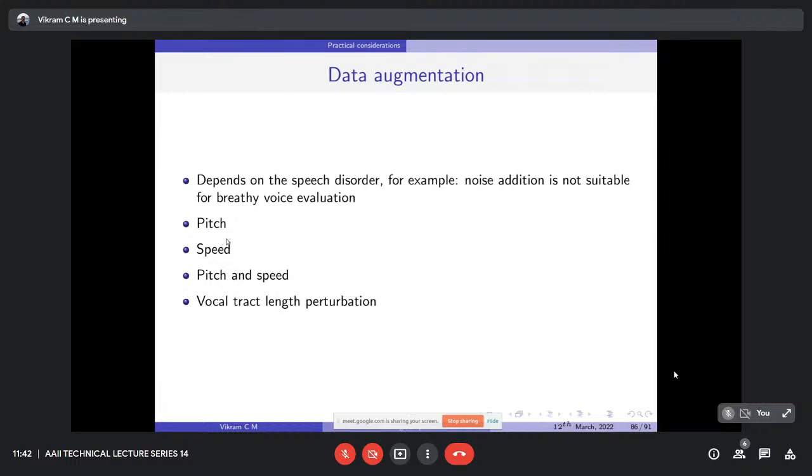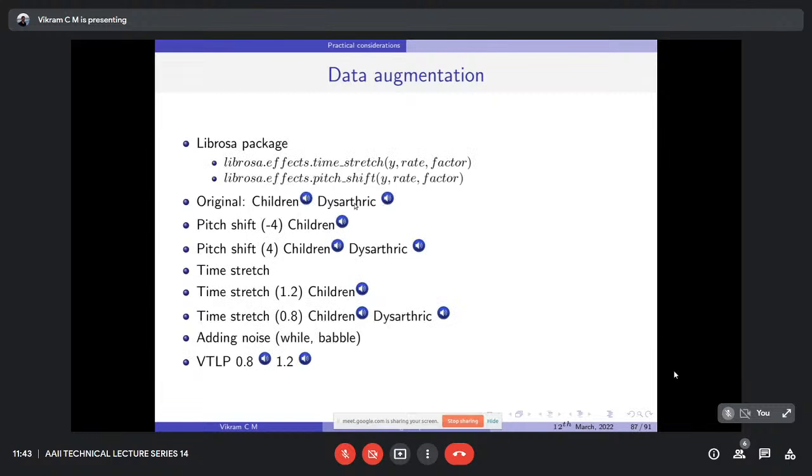Different techniques like pitch perturbation, speed perturbation, and vocal tract length perturbation can be used, but we need to check that the augmentation technique does not affect the acoustic cues of the pathology or the clinical condition. Addition of noise will affect the actual clinical cues of the breathy voice. That is why we should not use noise addition for breathy voice or vocal fold pathology evaluation.